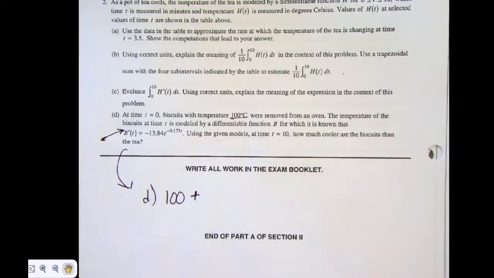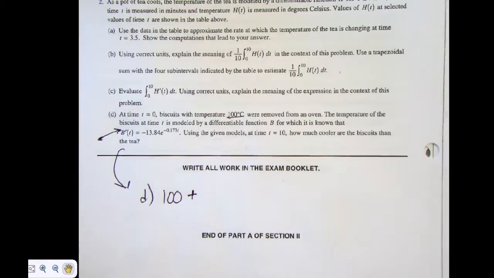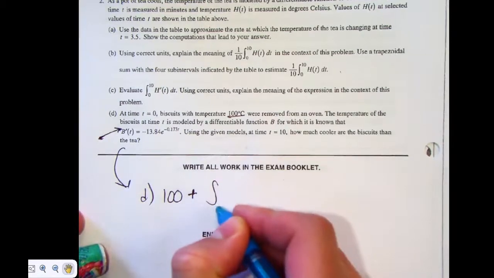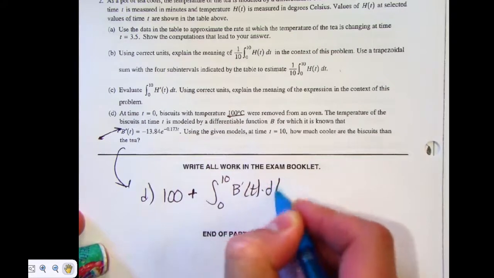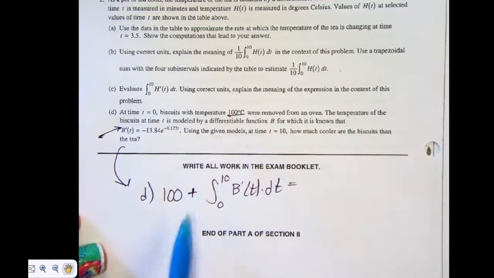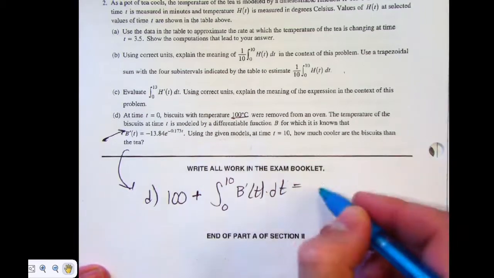And then I want to know how much they cooled in the 10 minutes. So what do I do with that derivative, or that rate, to find out the amount that they cooled? You integrate it. So I'm going to integrate from 0 to 10, and I can just write B prime, or I can write the actual equation, whatever.